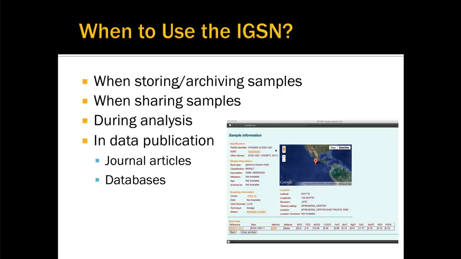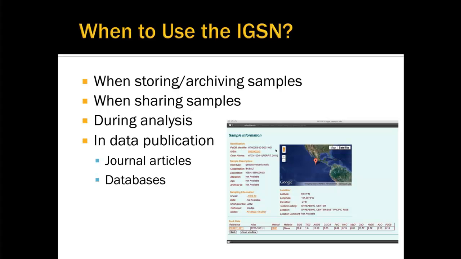It's really relevant that samples that are shared among different labs carry the IGSN to make sure that later on all the data can be linked back to that particular IGSN and to that sample. And clearly, when you publish data about a sample, it should have the IGSN so that the linking and integration of samples is possible in the future.